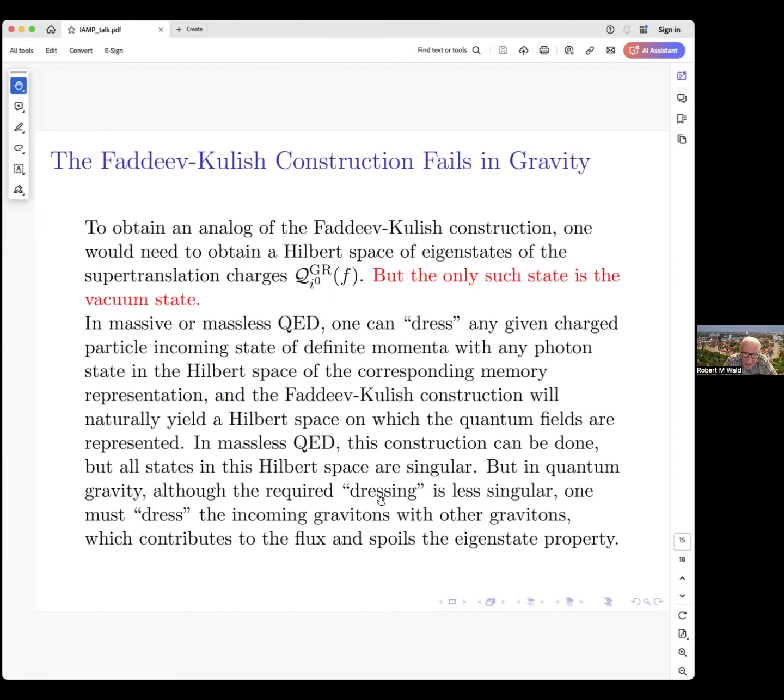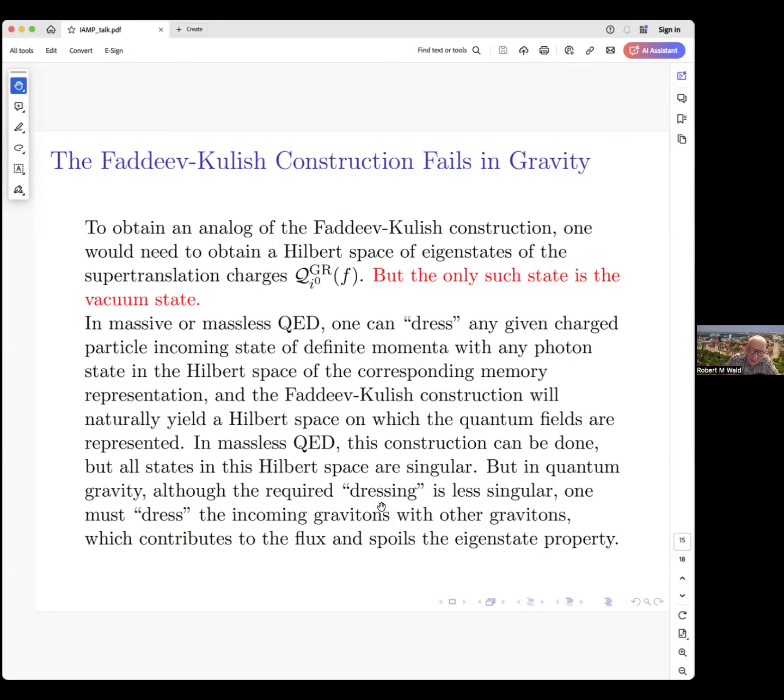The basic problem is this: you can see why you would run into a problem if we imagine trying to do the Faddeev-Kulish dressing. We can take our hard graviton that has this flux contribution to the charge at spatial infinity, and we can try to dress it with a memory state.